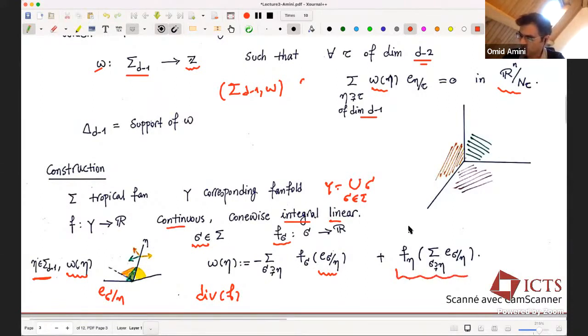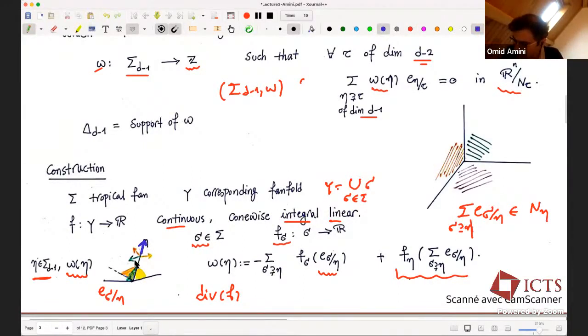By the balancing condition in sigma, you know that if you take the sum of E sigma over eta for sigma containing eta, this vector is inside the linear span of eta. Now you have a function which is defined on eta, so you can evaluate that function on this vector. In other words, I take the sum of these three vectors that I see here, and I get a vector which is here.